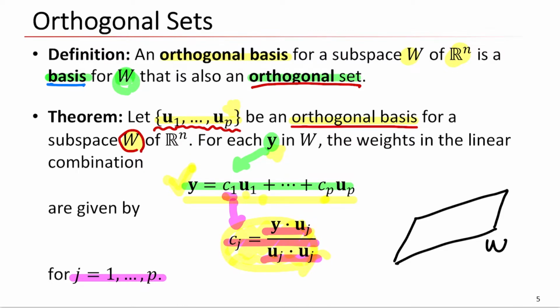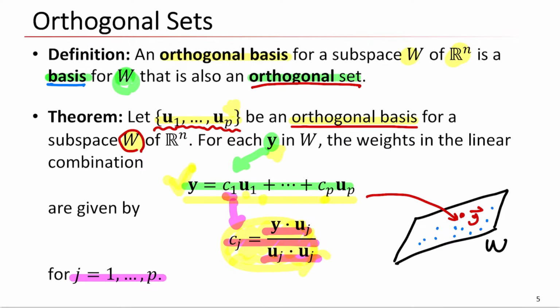Then an arbitrary point y in W space can be represented by a linear combination of the basis vectors. Why? Because every point in the W space can be represented by a linear combination of the basis, because this is the definition of the basis, right?